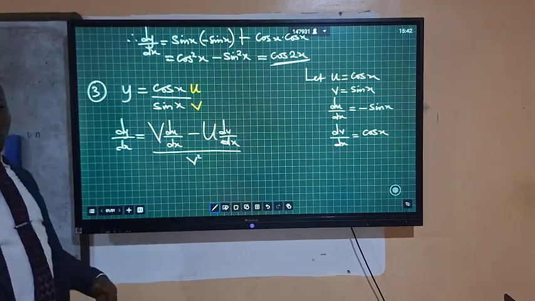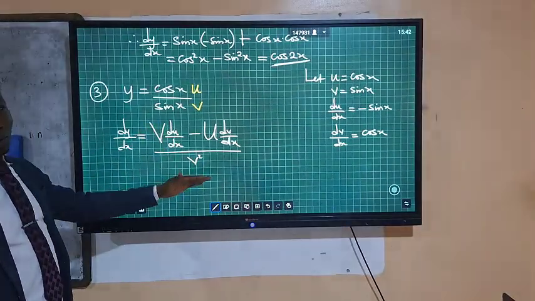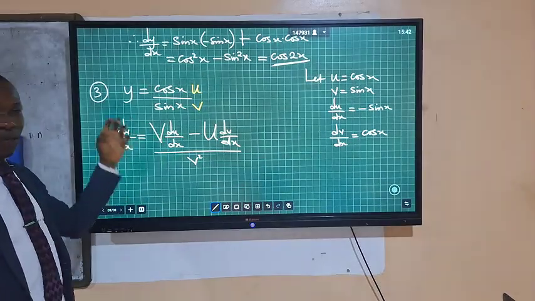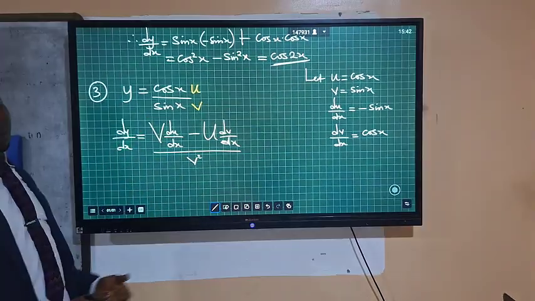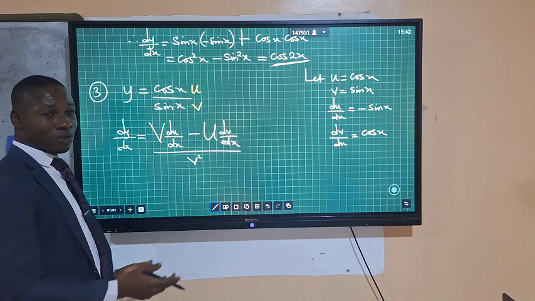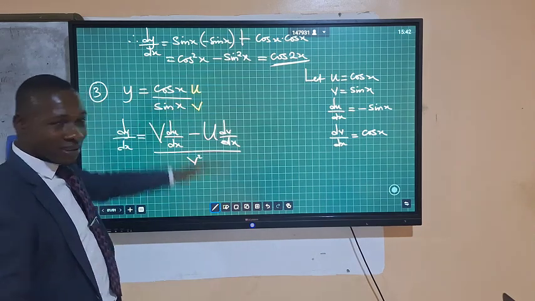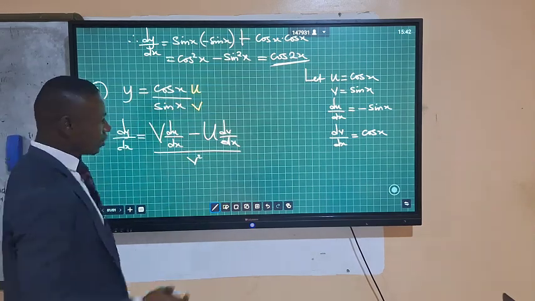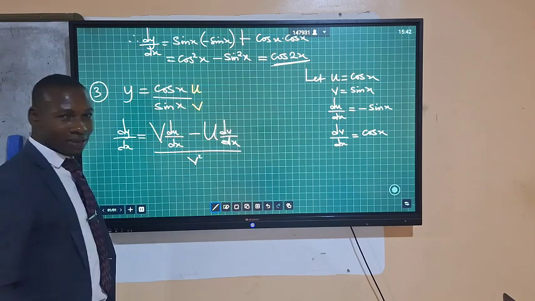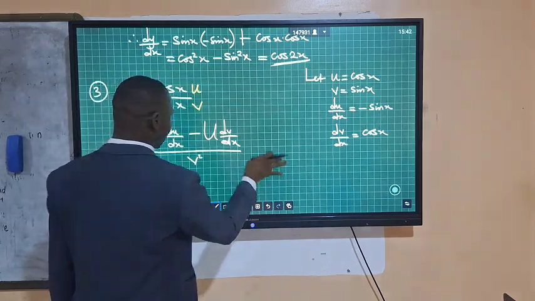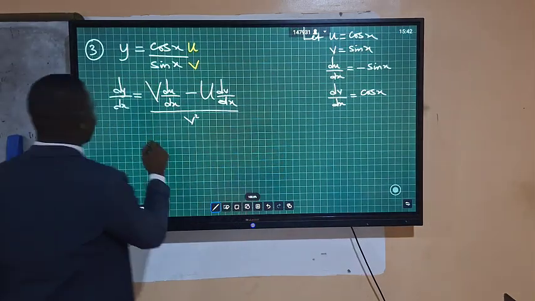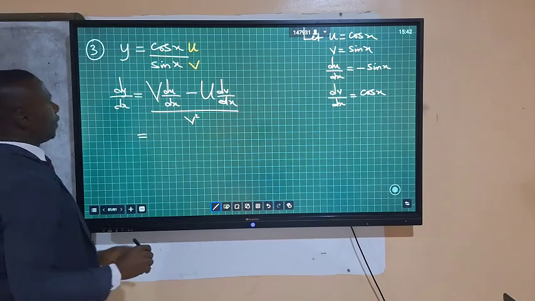But I will advise you, as you are learning the long method, you should equally learn the shortcut. In case you come across something like this in OBJ questions, you will not start breaking it down like this. One line is enough for you to answer this question. Okay? So, what is our v?